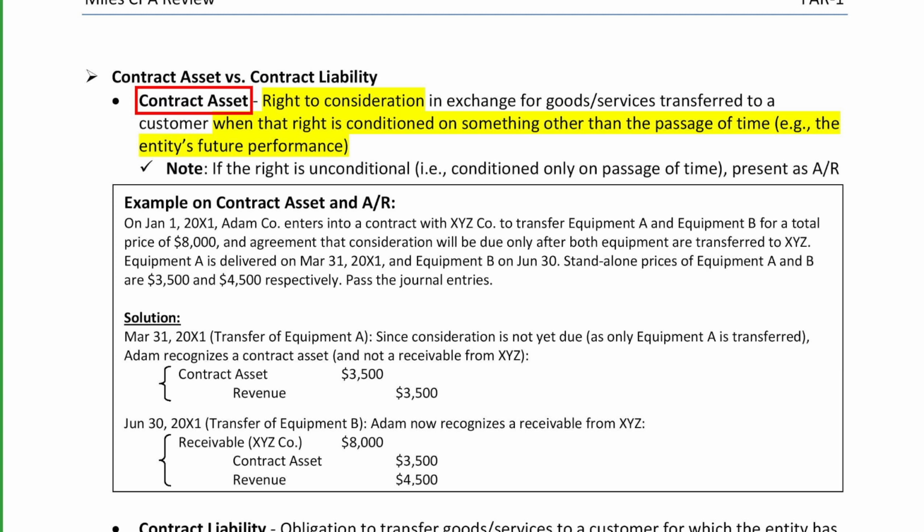So contract asset is debited $3,500 and revenue is credited $3,500. On June 30th, when equipment B is transferred by Adam, that's when Adam recognizes a receivable of $8,000 from XYZ. The contract asset of $3,500 is reversed off and additional revenue of $4,500 is recognized for equipment B.